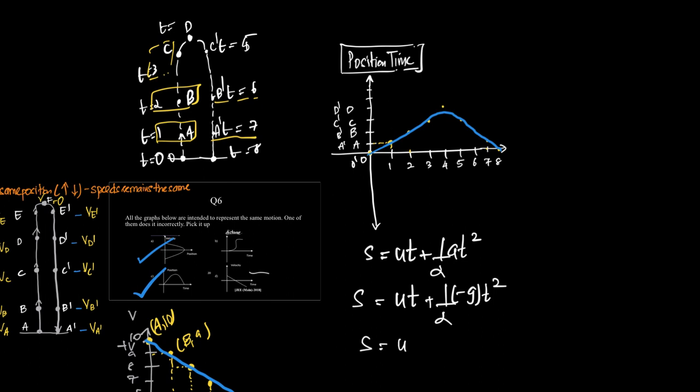So S is ut minus half gt square. Basically what does this represent? This represents that the position time relation should be a parabolic curve in nature. Now, is the position time graph given to be parabolic in nature? Yes. So that is also another way of saying it, having a look at the same graph.